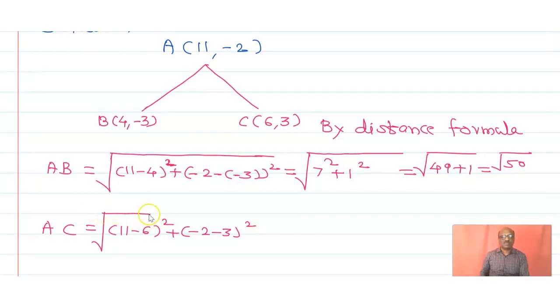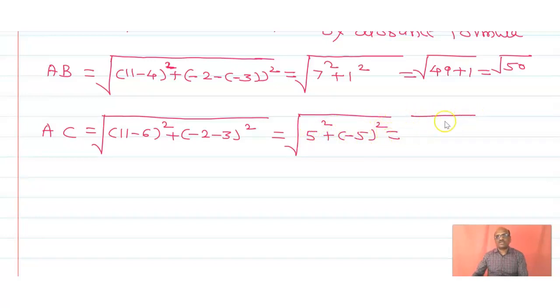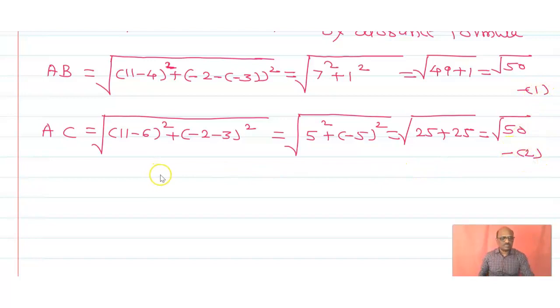We need only this much. Okay, 11 minus 6 means what? Here root of 5 square plus minus 5 square, that is the root of 25 plus 25, which is the root of 50. This is the 1 and this is the 2.